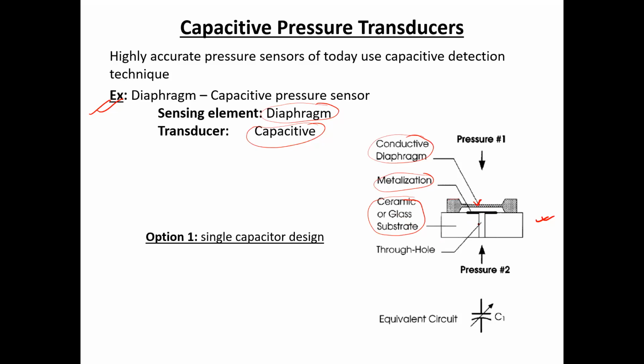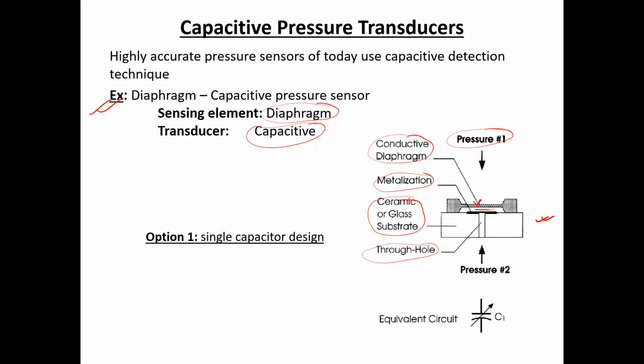And depending upon the pressure difference on two sides of the diaphragm, there will be a through hole through the metallization layer, so that some fluid can pass in this enclosure between the diaphragm and the metallization layer.